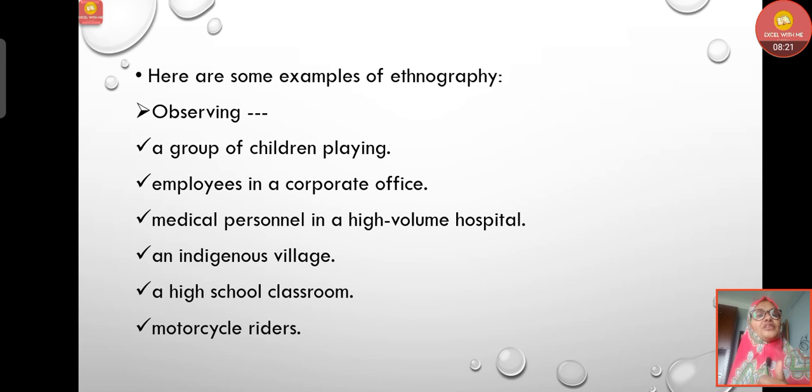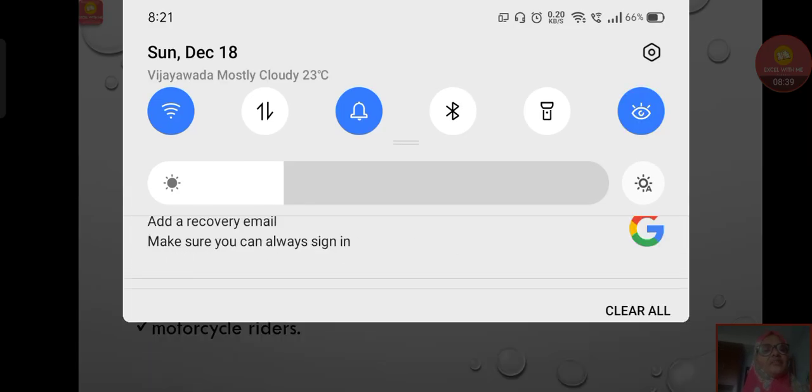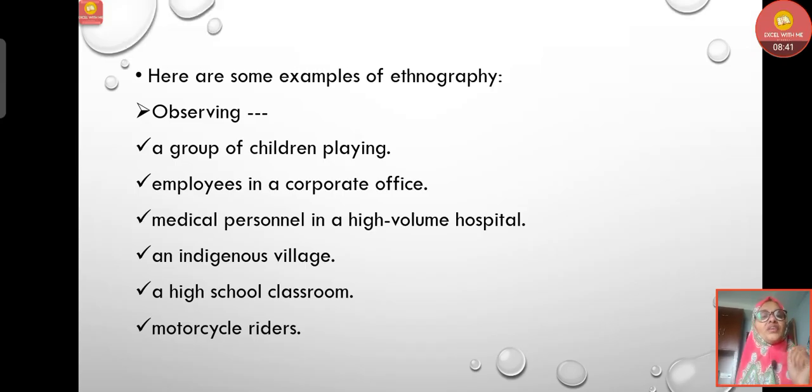Here are some examples of ethnography: observing a group of children playing, observing employees in a corporate office, observing medical personnel in a high volume hospital, observing an indigenous village, observing a high school classroom, or observing motorcycle riders. So these are the examples of ethnographic studies.